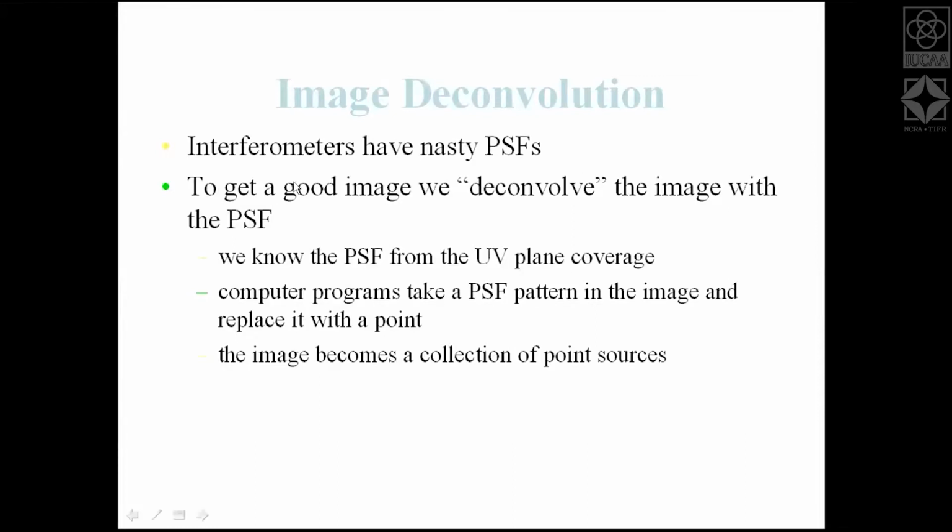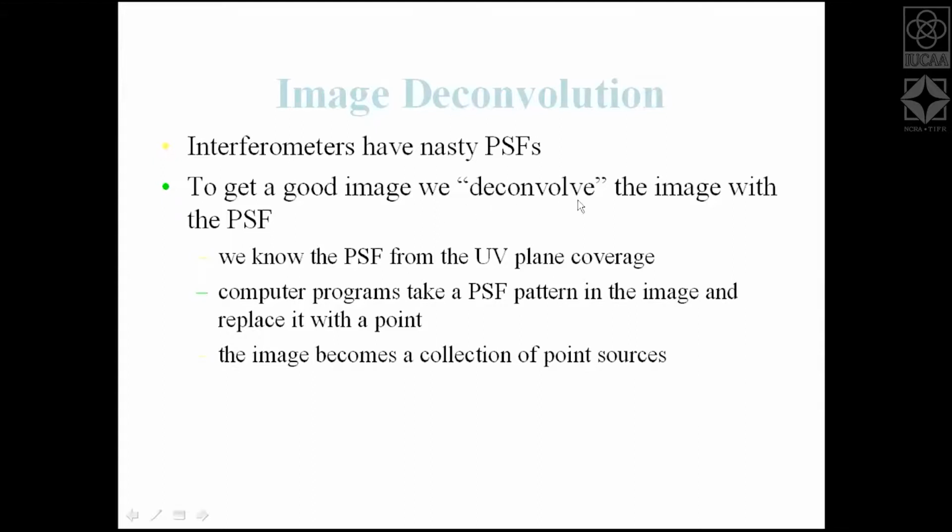So as I said, interferometers have a nasty point spread function. These responses are a result of having measurements only at certain locations in the Fourier transform; this windowing pattern results in a response which has not just one individual peak of finite width associated with your resolution, but also lots of side lobes and ups and downs around.